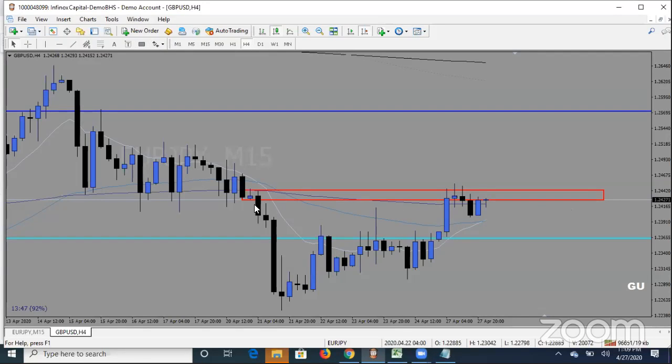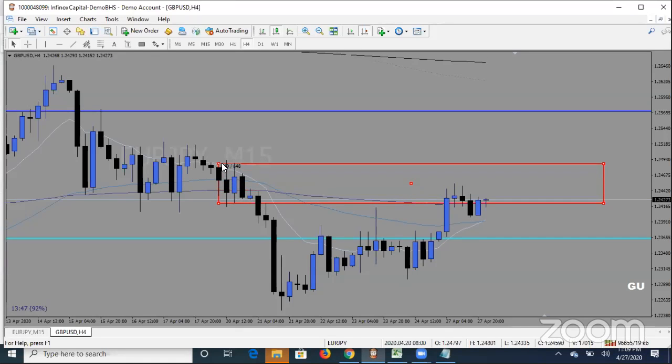But remember, I told you that this block is inside this bigger one. So I could as well just have everything here as my block, because this smaller one is consumed by the bigger one. When price comes into this region, I'm looking for reasons to want to sell.